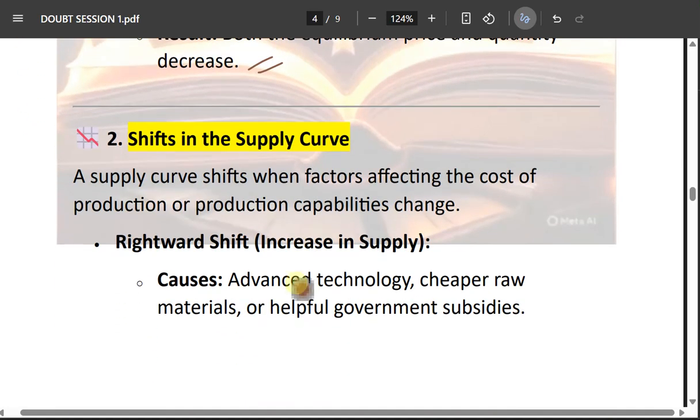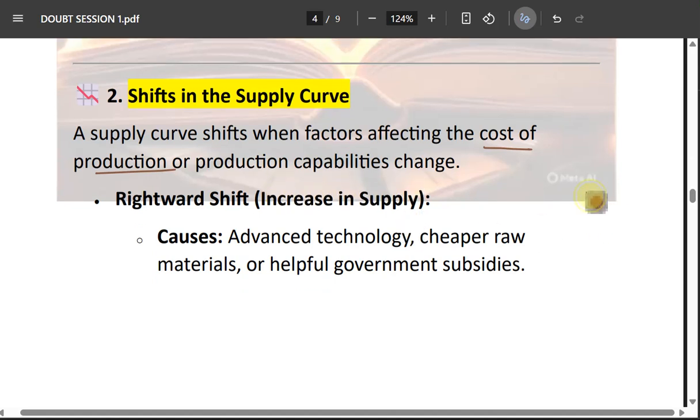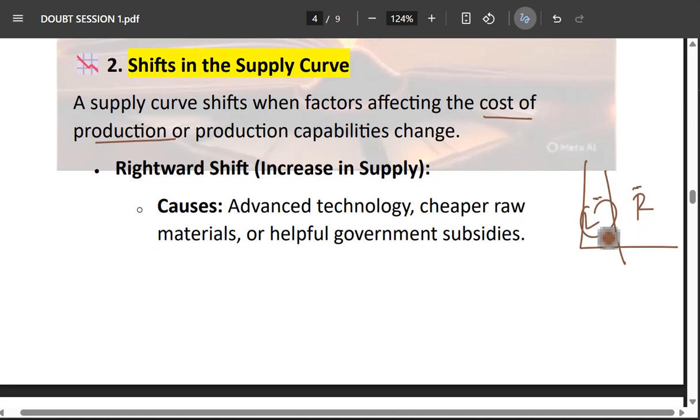Okay, then coming to the supply side, the supply curve shifts when factors affecting the cost of production or production capabilities change. Same, right shift and left shift. For a right shift, it varies because there is advanced technology, cheaper raw materials available, helpful government subsidies.